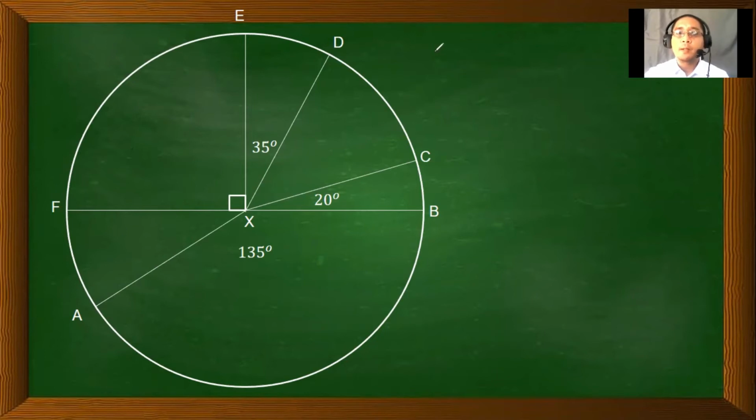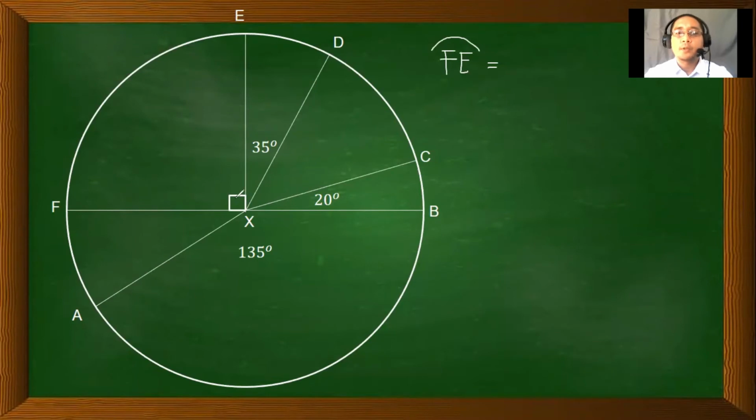What if you will be asked for the measurement of arc FE? What is the measurement of arc FE? Based on the given illustration, if you observe, in basic mathematics under geometry, the symbol here represents a right angle.